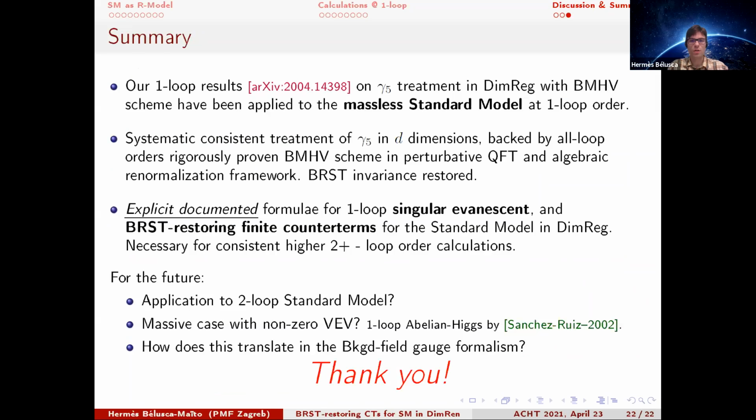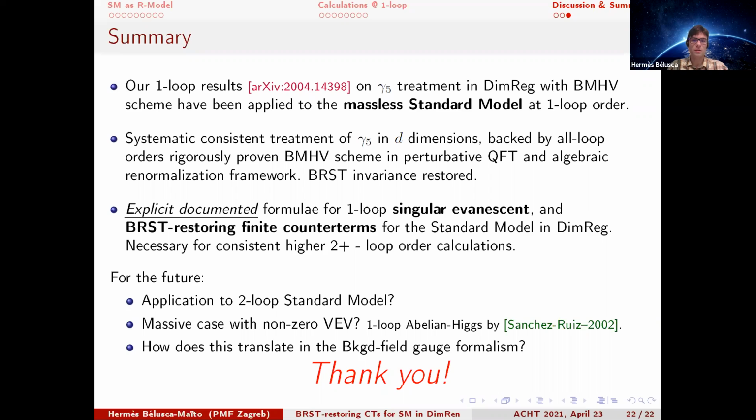Okay, so the summary is here. If I don't have time, you can read it. But basically, we were able to find the whole list of finite BRST restoring counter terms for the standard model at one loop. So to answer the question that was in the discussion after the talk of Maria, here the approach is not a process by process approach of manually restoring the BRST symmetry.